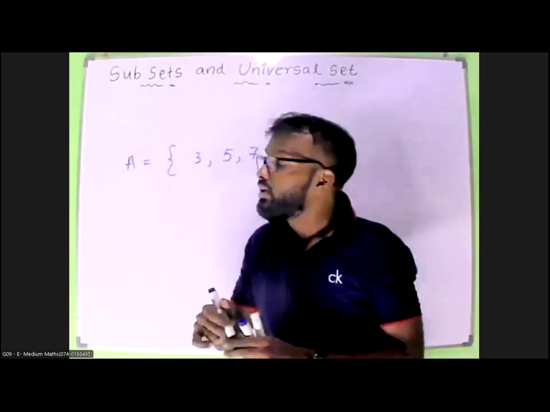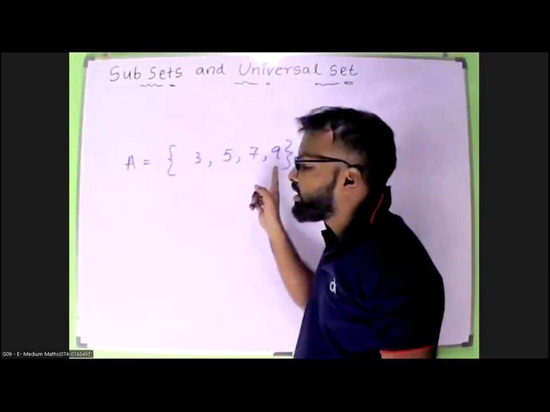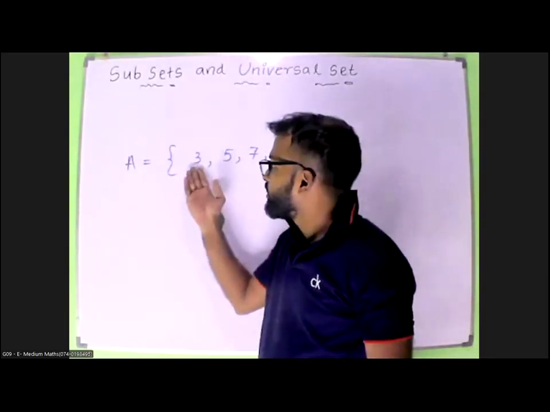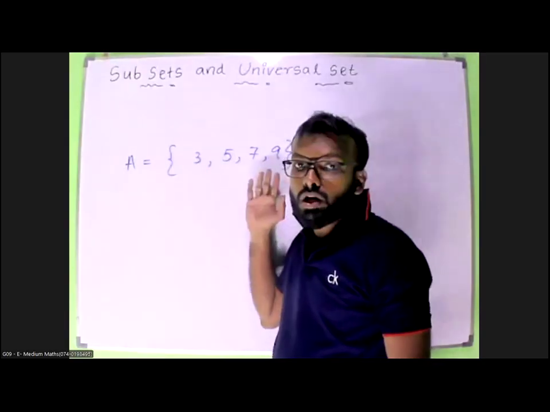So we can define it. All are 3, 5, 7, 9, starting from 0, 1. That means all are odd numbers.